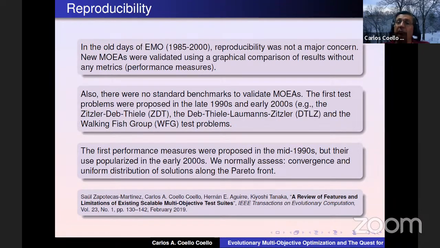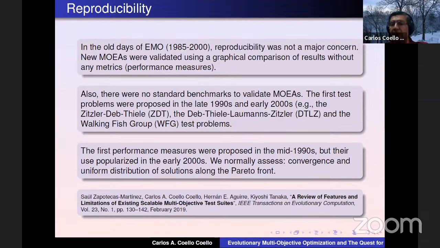But there were no performance measures, no metrics that could say numerically algorithm A is better than algorithm B. Also, there were no benchmarks, no actual test problems. Test problems were originally proposed in 99 by Kalyanmoy Deb. He proposed the first benchmark. Then in 2000, there was the first set of test problems that people actually used, the so-called ZDT, the Zitzler-Deb-Thiele test set, which some people still use today.